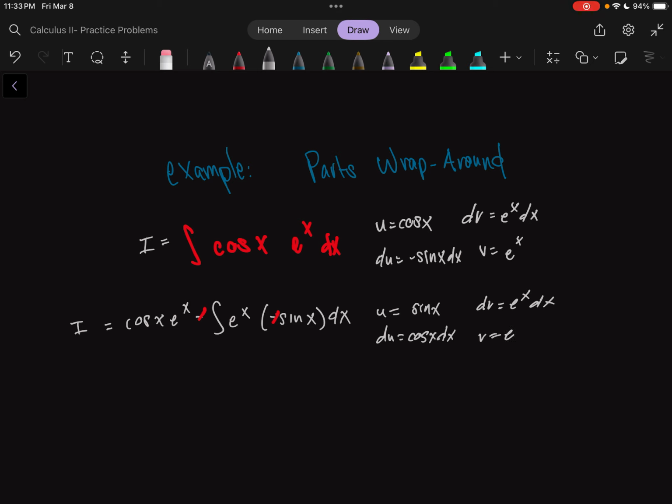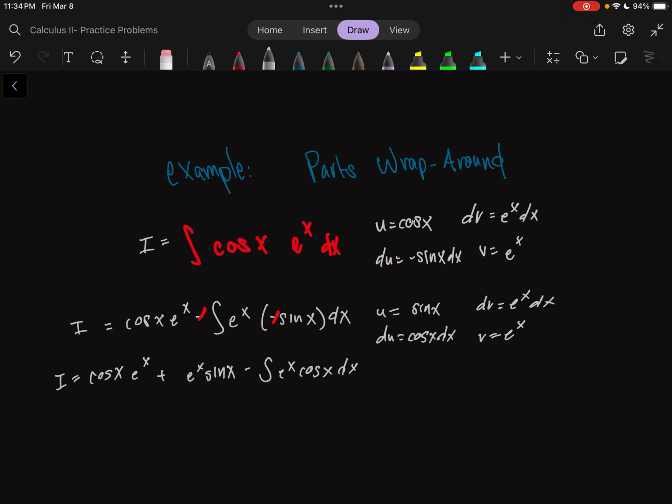So v is just e to the x. Now this integral right here, let's see, I is equal to cosine x e to the x plus uv, e to the x sine x, minus the integral of v du, which is e to the x cosine x dx.